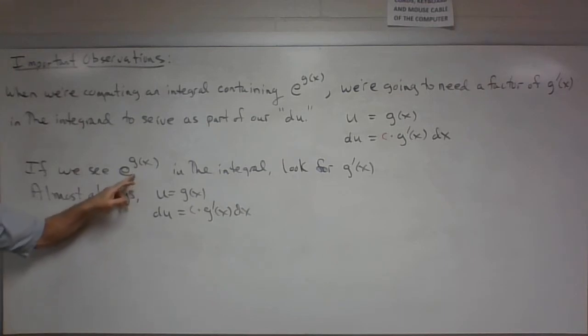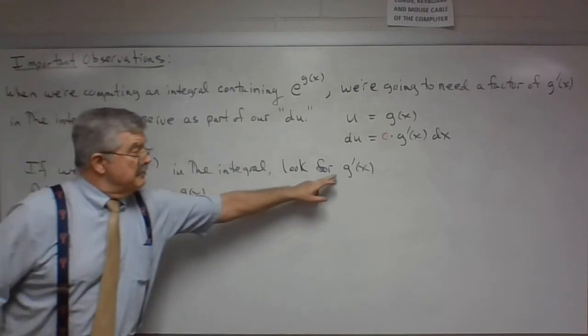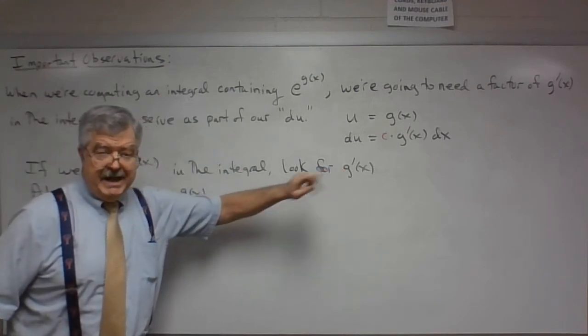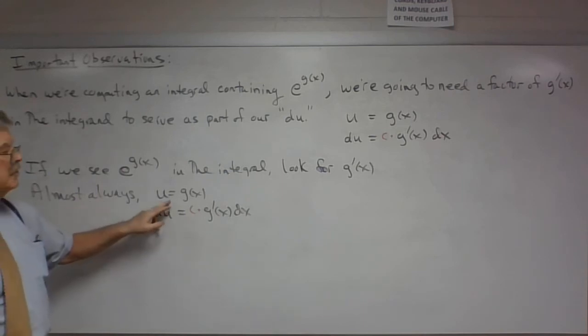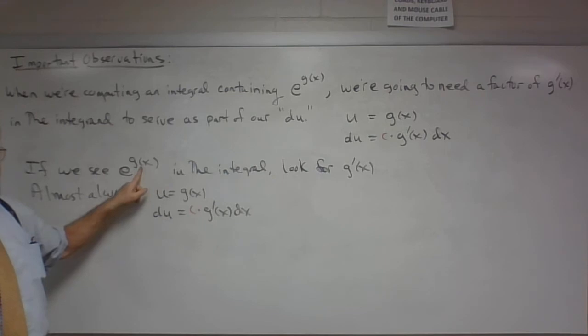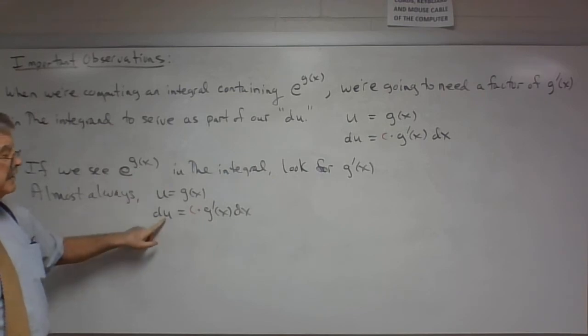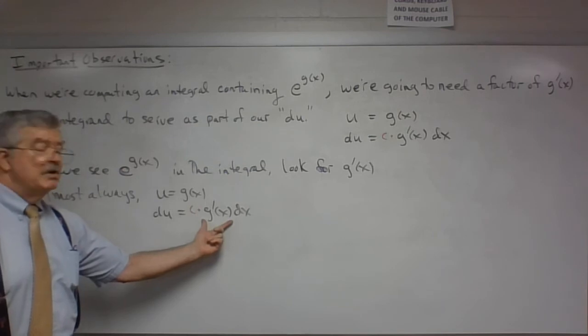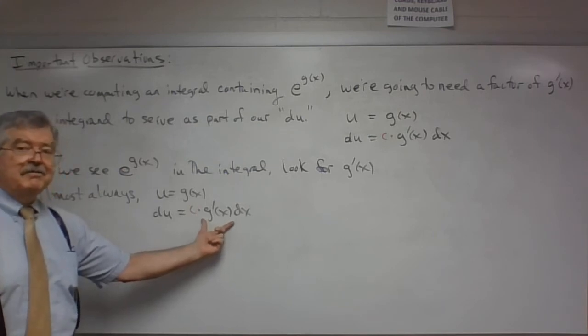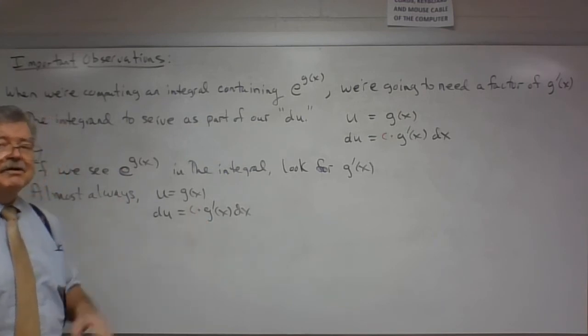Anytime we see e to the power of a function in the integral, look for the derivative of that exponent somewhere in the integral. Almost always, u is going to be the exponent of e, and du is going to involve the derivative of that exponent. So we need to find the derivative of that exponent in the integral somewhere.